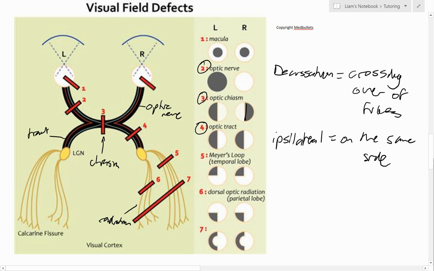For example, if I had a left lesion affecting the left eye, I'd say that was an ipsilateral lesion to the defect. Conversely, we have contralateral, which means the opposite side. Cool. So let's start with a clean screen.